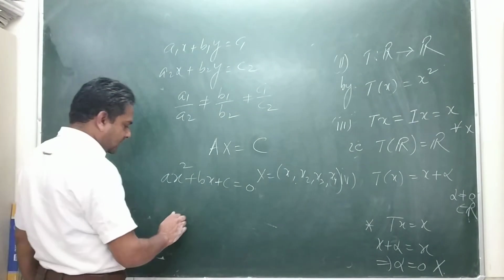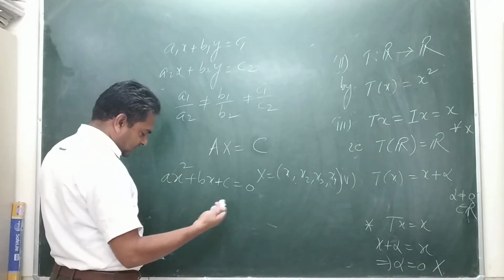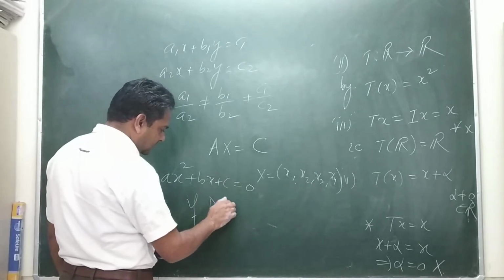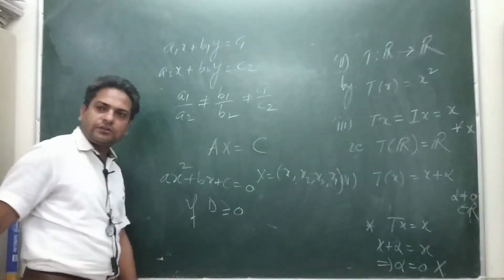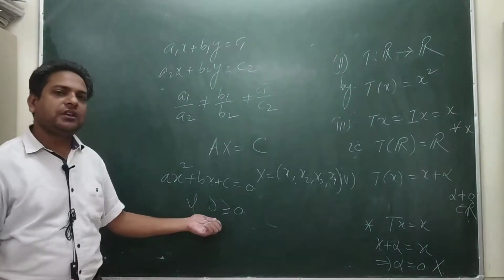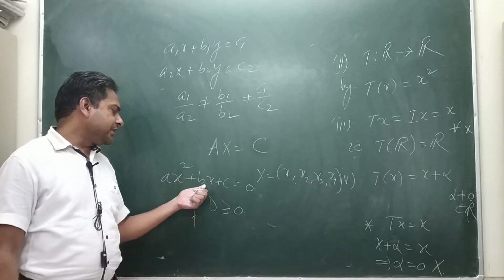We know that this quadratic equation has a solution, or simply roots, if the discriminant is greater than or equal to 0, meaning non-negative. So this is one criterion. If it is negative, then we cannot say anything about the real roots of this quadratic equation.